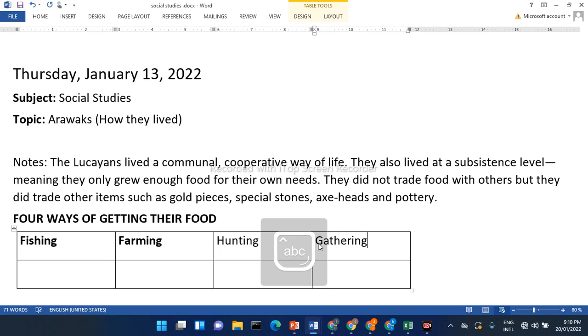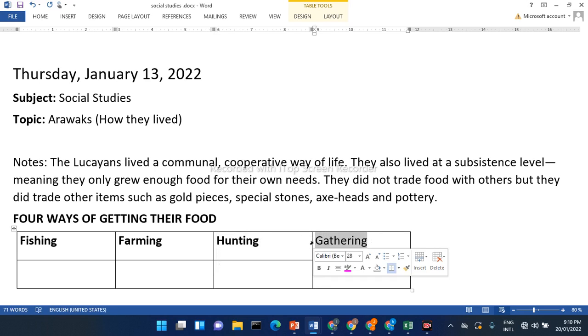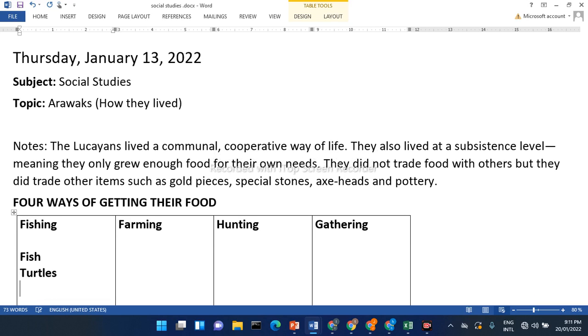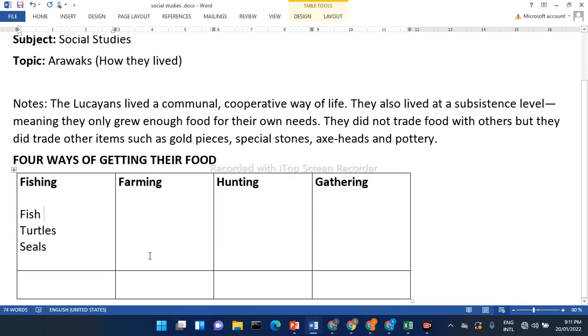So the Lucayans got their food by fishing, farming, hunting, and gathering. What did they fish for? Well, the most obvious, they fished for fish. They also fished for turtles and seals.